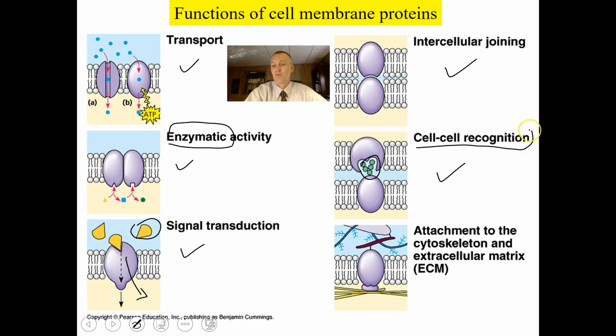When you get a blood transfusion of the wrong person's blood, your body will recognize that it's foreign and fight it. But if you get the right blood type, then your body recognizes that and doesn't fight against it. These proteins also serve for the attachment of the cytoskeleton to the membrane and the extracellular matrix that we'll talk about in just a second.